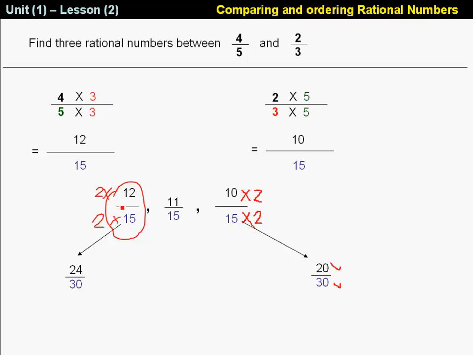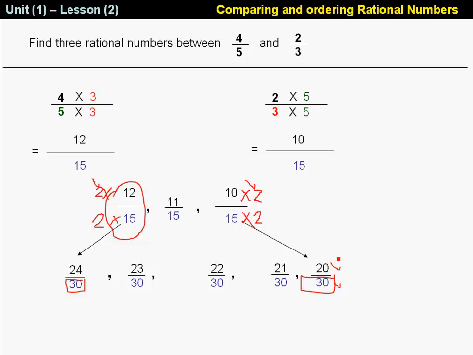You have to multiply both rational numbers by the same number. Otherwise, it will be wrong. So here, 30 is 30, the same denominator. So what are the numbers between 20 and 24? We have 21 over 30, 22 over 30, 23 over 30, and here is 24.